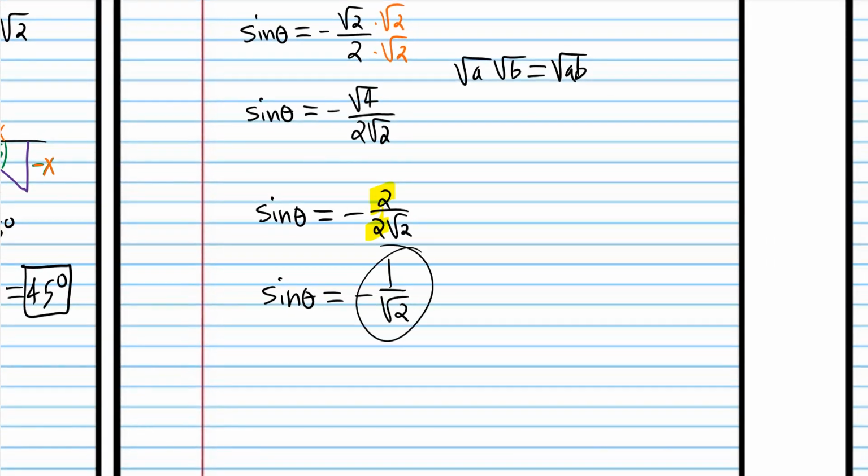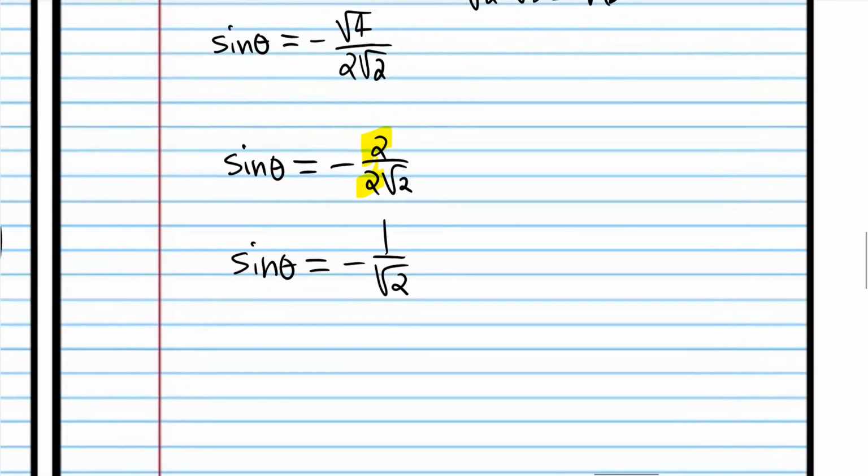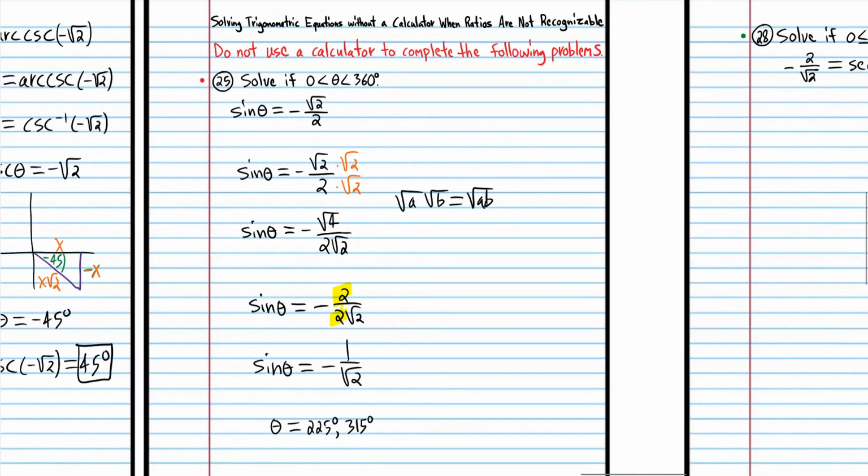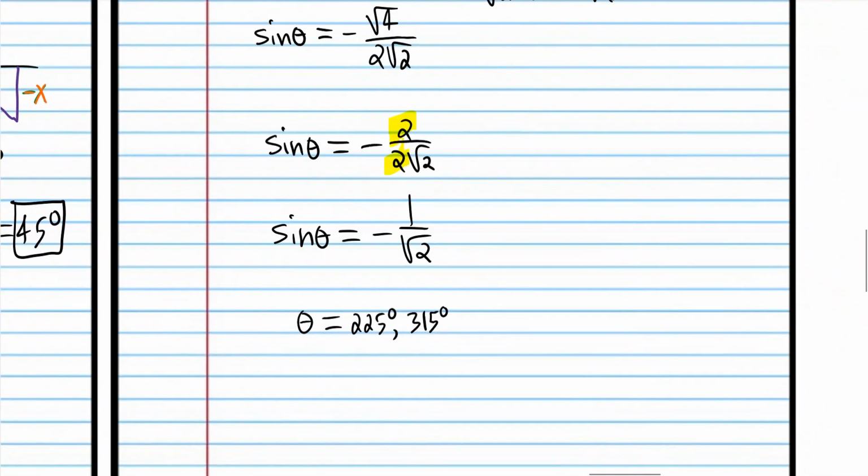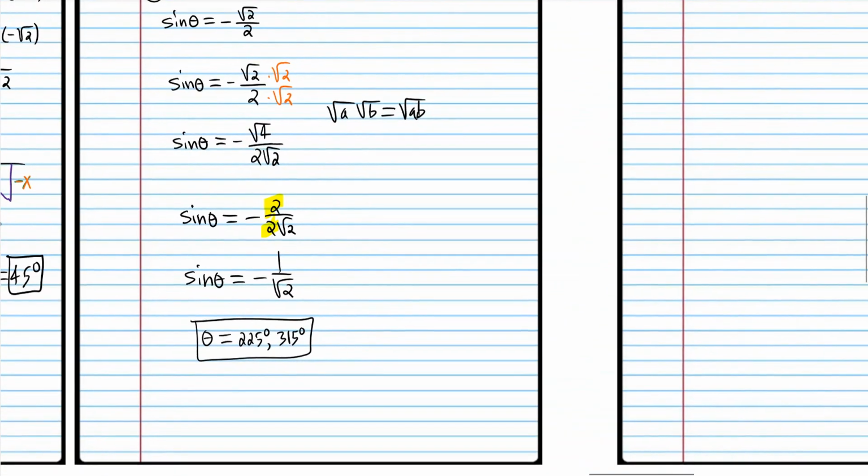So this is a recognizable ratio. That's a 45, 45, 90 degree triangle. We have x over x root 2. So theta is equal to 225 degrees and 315 degrees. So we want theta between 0 and 360.